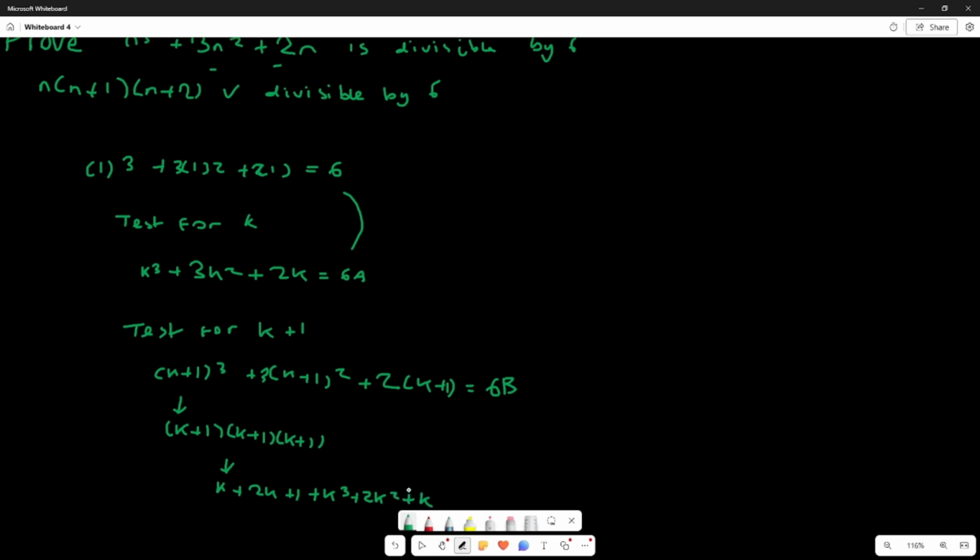If you're having trouble with triple brackets, all you need to know is that all I did is just double brackets, which gives us k squared plus 2k plus 1, and I times by 1, and then I times by k as well, and then now I'm going to add those.